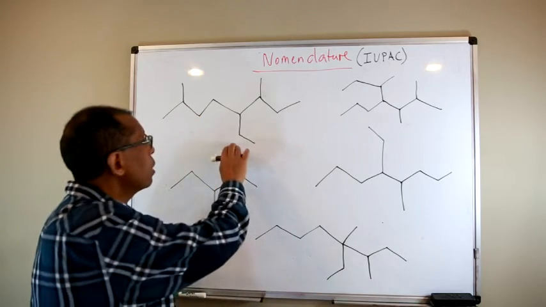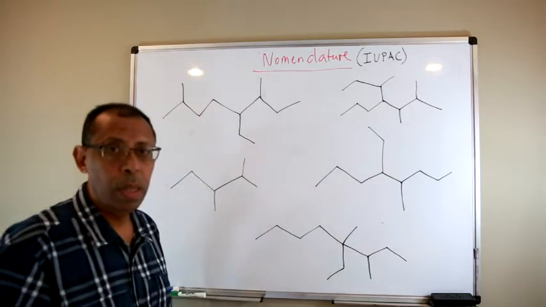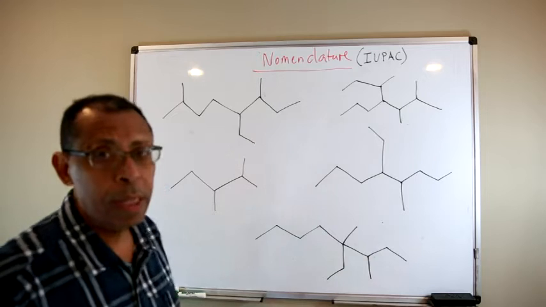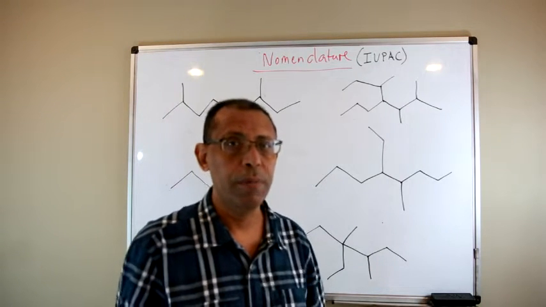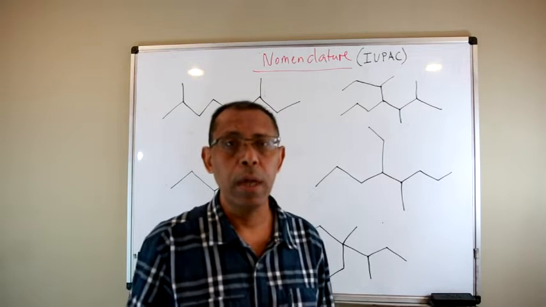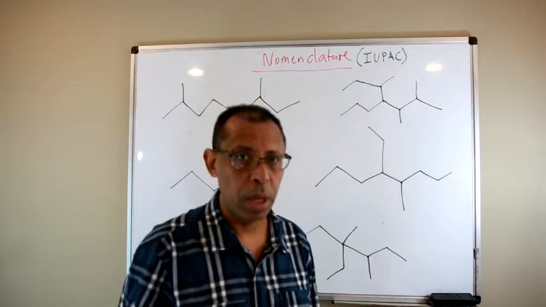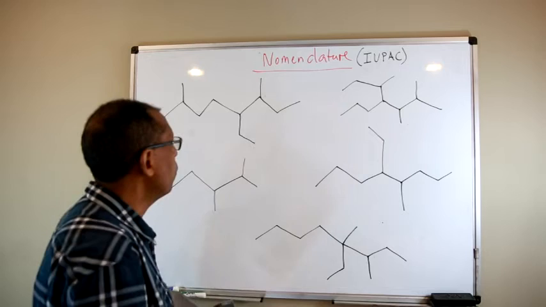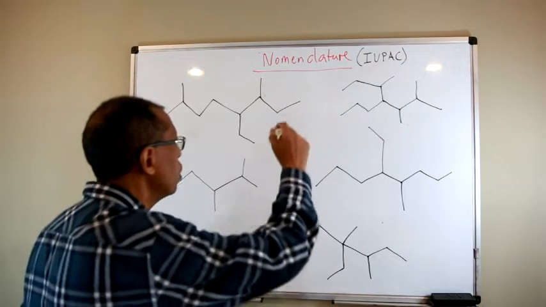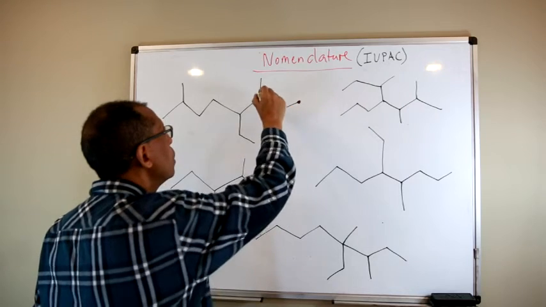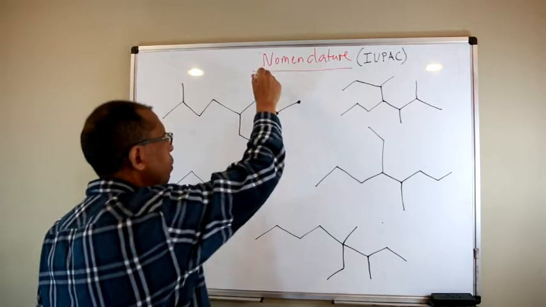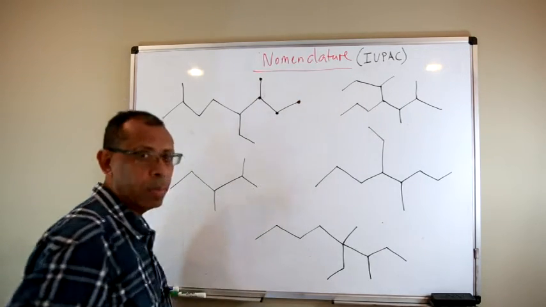So if you just look at compound 1, the first thing we have to do according to the IUPAC convention is to find the longest chain, the carbon chain. What does that mean? If you just count a carbon chain, this is 1, 2, 3, 4. If you just go that way, that is 4 carbons.